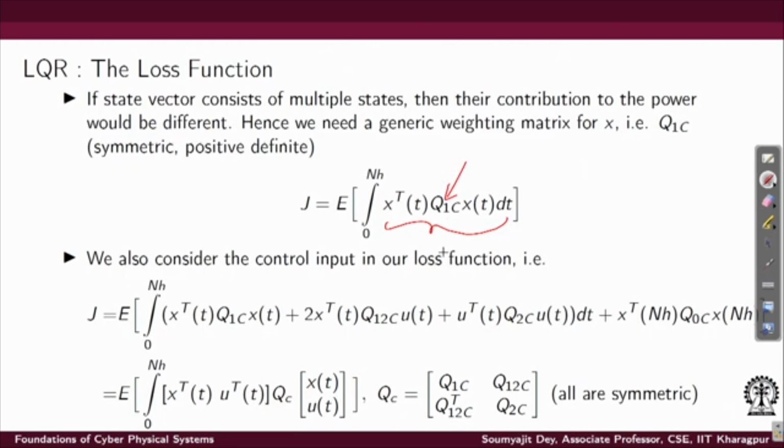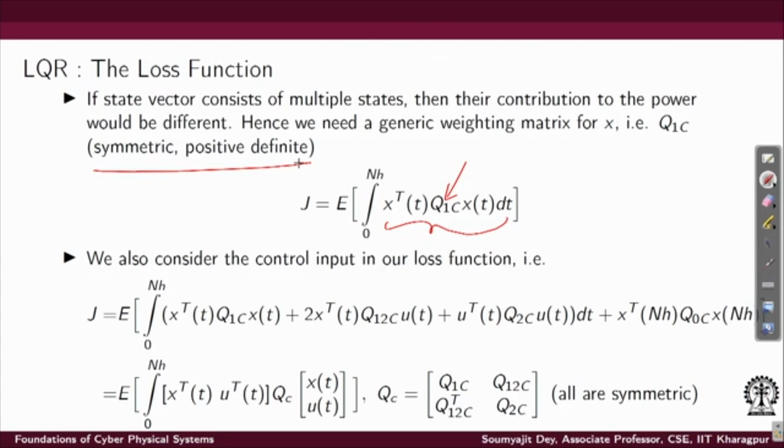It is assigning, let us say, more weight to some variable x which is more sensitive, and less weight to some variable which is less sensitive, something like that, right. And it will be a symmetric positive definite matrix. So, that is how we define a cost function which is going to capture that x must not be varying too much from the target equilibrium location.